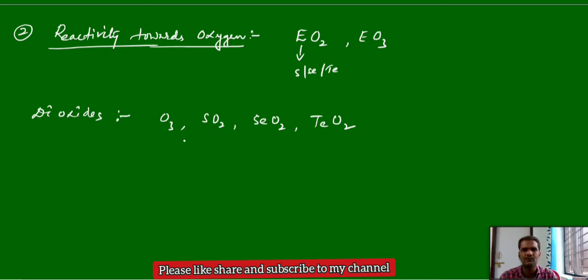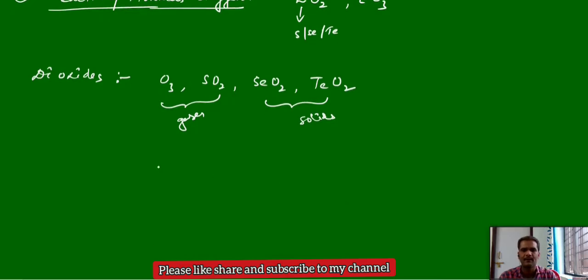Here, sulfur dioxide is a gas in nature, but selenium and tellurium dioxides are solids. Again, if you see the acidic strength from top to bottom, take sulfur dioxide, selenium dioxide, and tellurium dioxide.